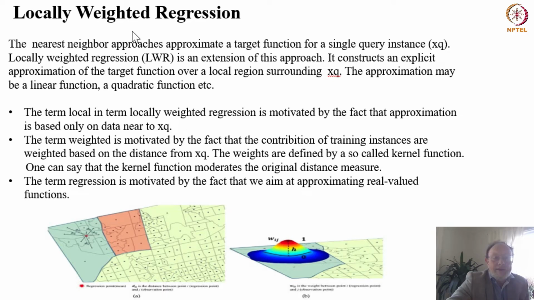And of course we still keep the word weighted here, in that the contribution of the training instances are weighted based on the distance from xq. So the weights are typically defined by a function, and as you will see, we will call this kind of function a kernel function.